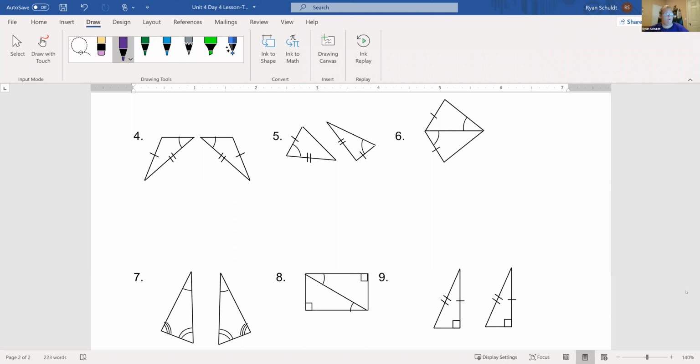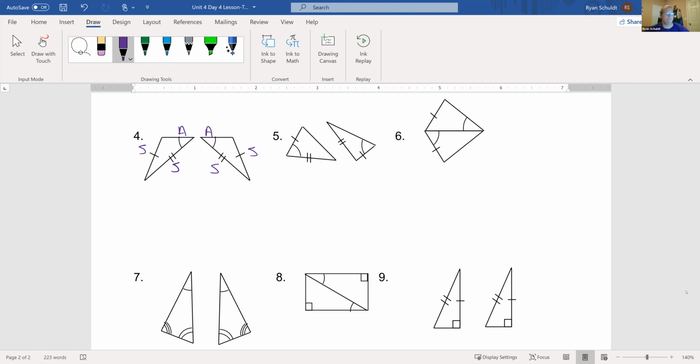Number 4. Let's see. I see a side. I see another side. And I see an angle. Now, is that angle squeezed in between the two sides?